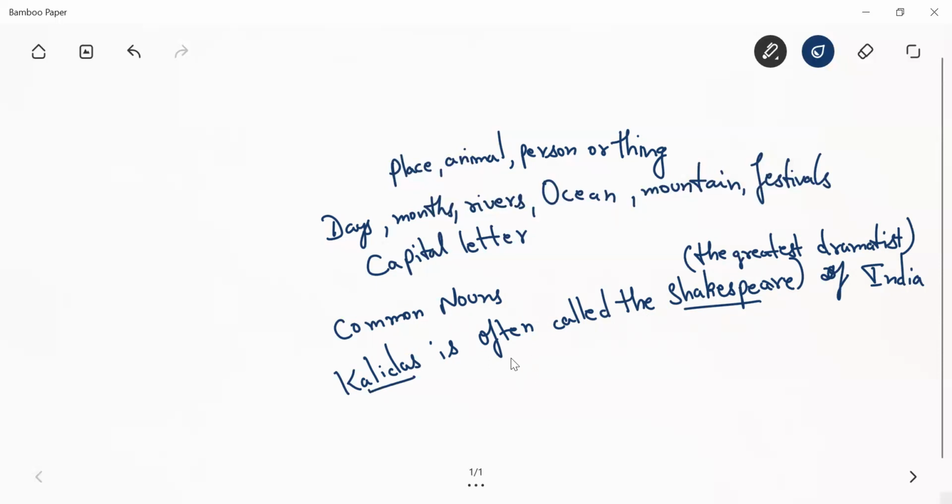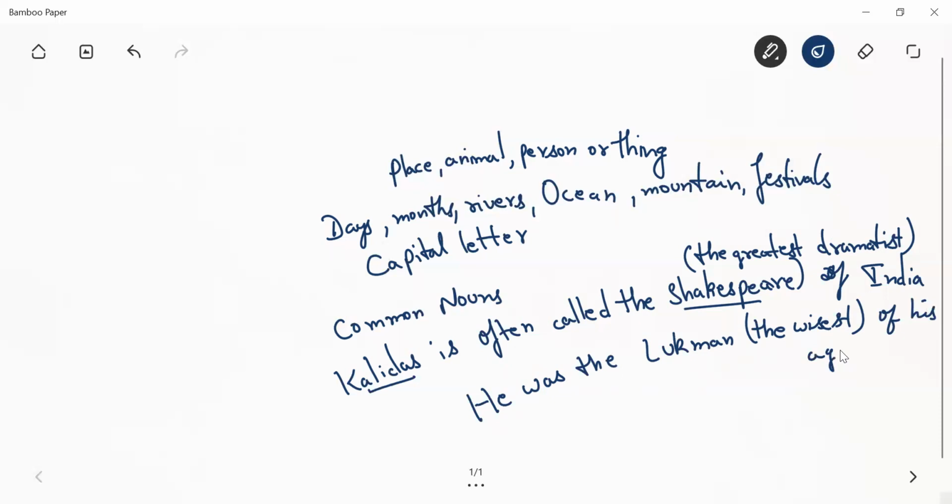Now, if we say, he was the Lookman of his age. Lookman means the wisest man. When we say someone is very wise, the wisest of his age, we are talking about one person.